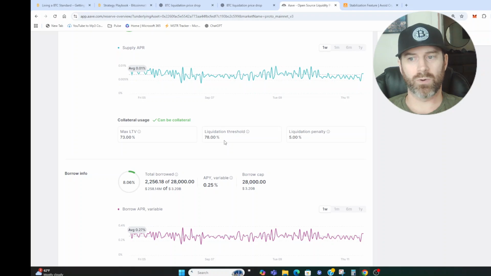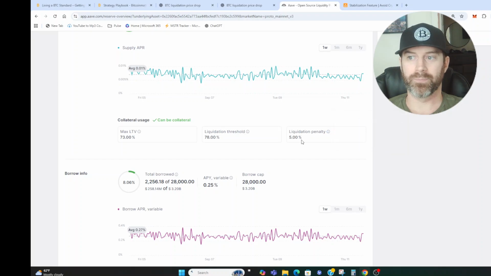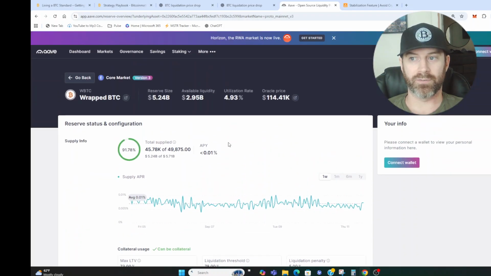So once your loan gets up to 78% of the collateral value, they will sell up to 50% of that collateral to repay some or perhaps all of your loan balance, and they will charge you a 5% penalty or a fee on all the collateral that they have to sell on your behalf to repay that loan. Now, other collateral types have different fees, like Coinbase Bitcoin has a 7.5% fee, and others are going to be different.